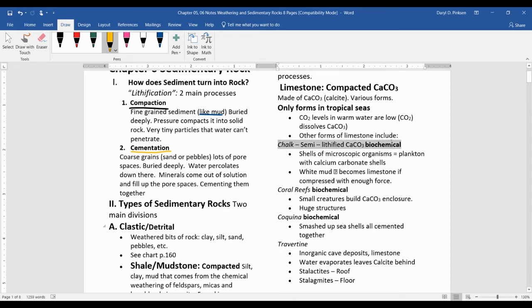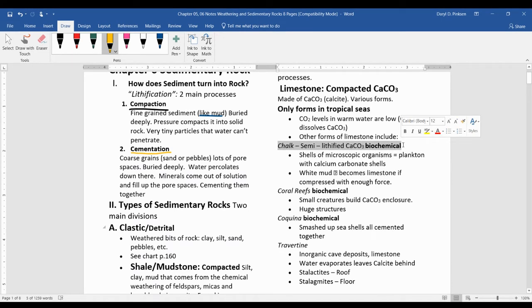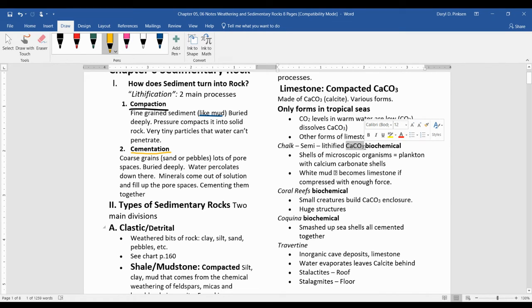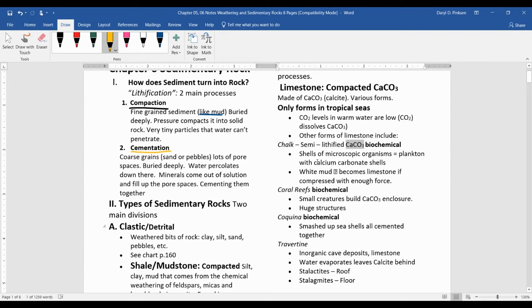If it's only partially lithified, it's still soft. It's called chalk. And if you look at chalk under a microscope, you see the shells of microscopic organisms that are made of calcium carbonate. And if that chalk then gets compacted into a hard rock, it's called limestone.